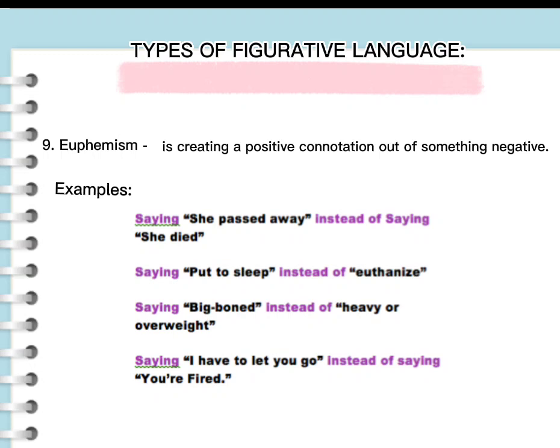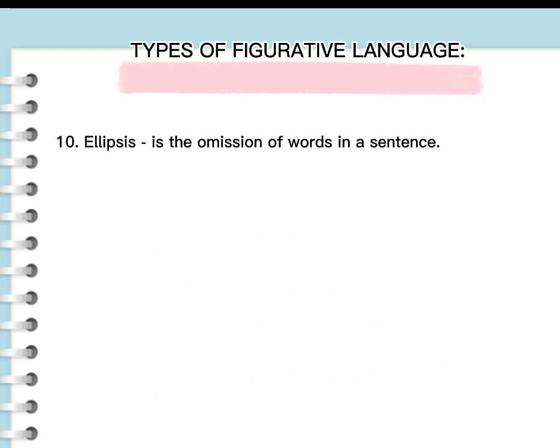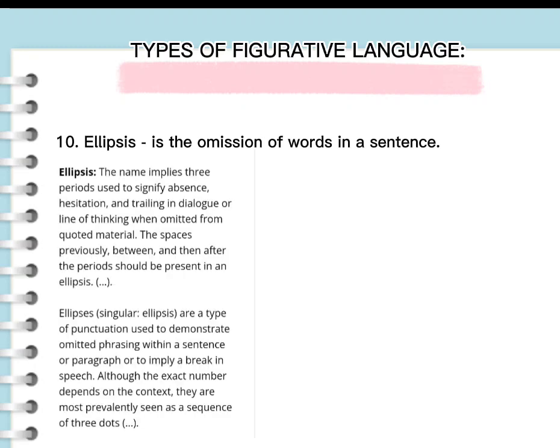So that's for euphemism. Next type is ellipsis. Ellipsis is the omission of words in a sentence. Ellipsis is easy to recognize because of 3 dots. When there are 3 dots, that means the quote or the line from the original was shortened. For example, she walked away... and so the world turns. Did you see the 3 dots?